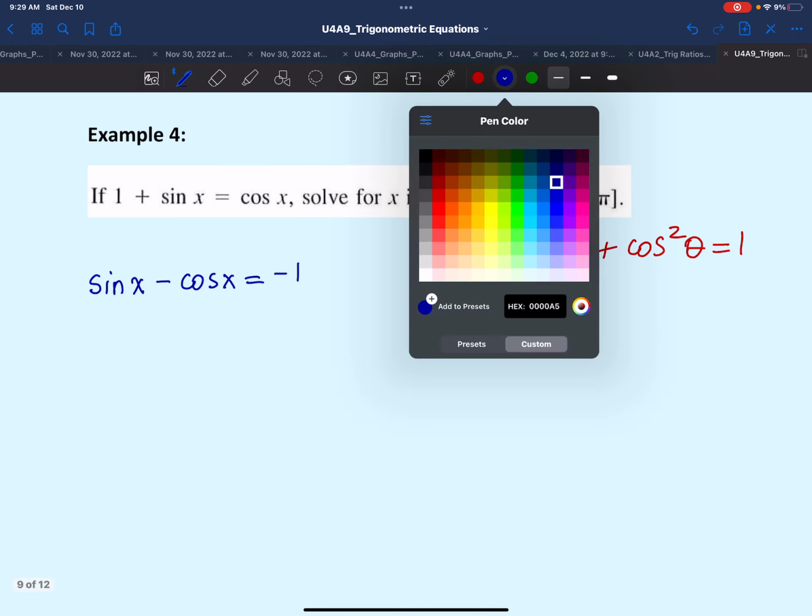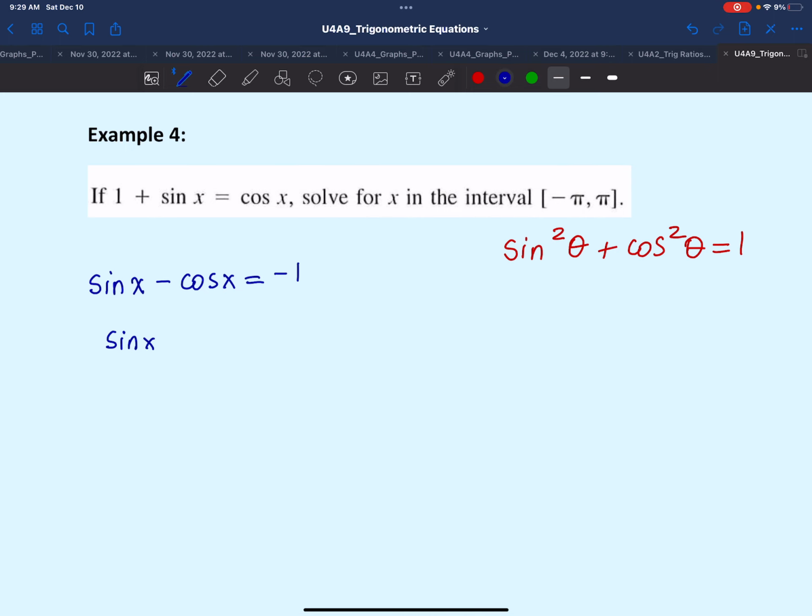So we have sine x minus cosine x equals negative 1, both sides squared, will give. Now remember, this is expanding a binomial to the power of 2. I'll quickly write the formula. I know that we remember this.